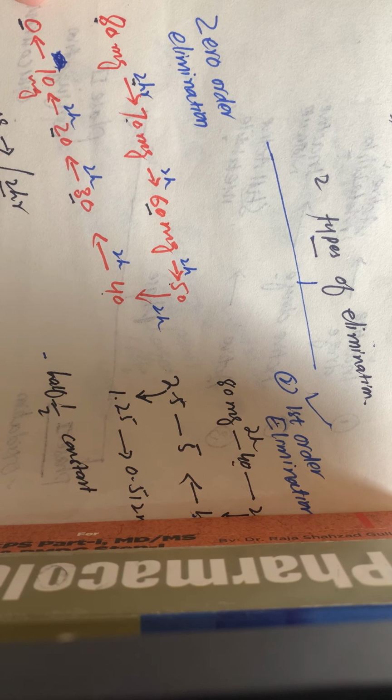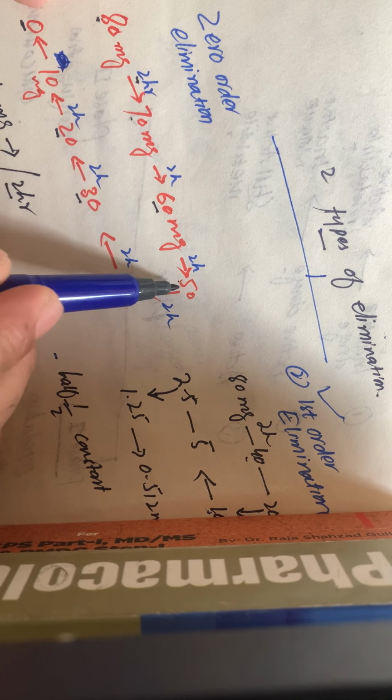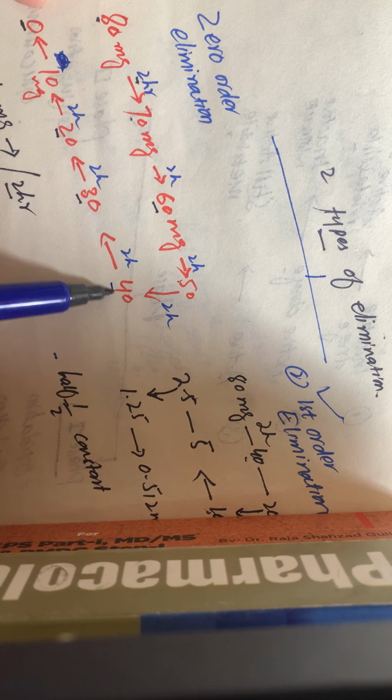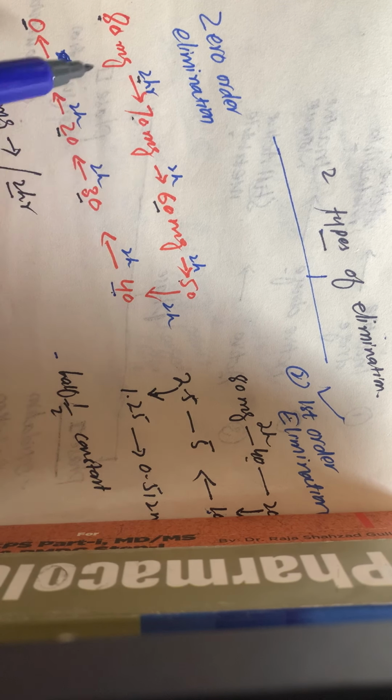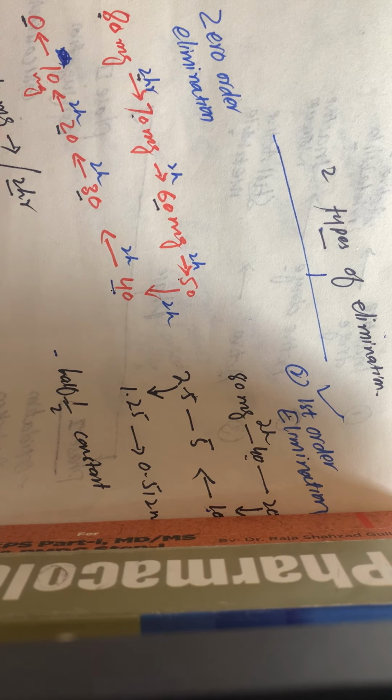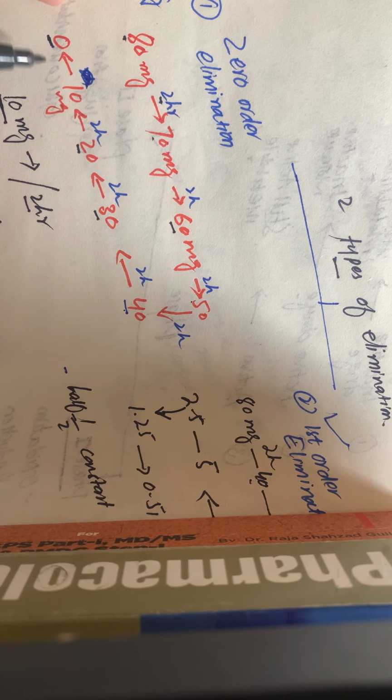In the next 2 hours it will become 60, and then 50, and from 50 it becomes 40, right? So the time is constant, and the specific amount of a drug is also constant for that specific time. So at the end the drug will become 0 mg.